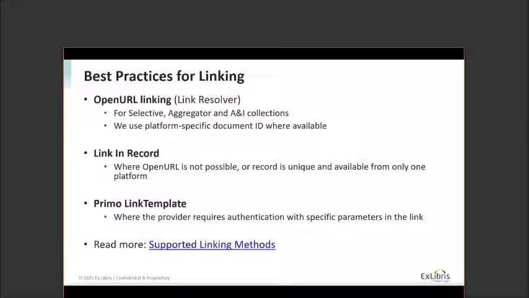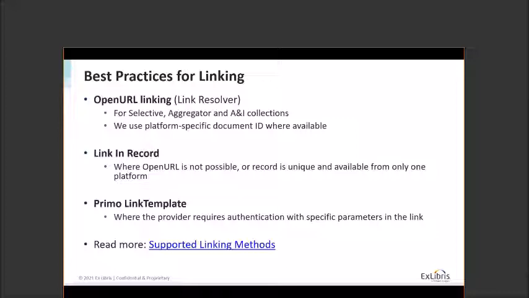In the open URL linking, I explained before that we are actually taking from the record the metadata elements to create a unique ID for the specific resource. However, we are using a platform-specific document ID, for example the Gale ID or the ProQuest ID, whenever we can, because we want our link to be much more reliable and sustainable.